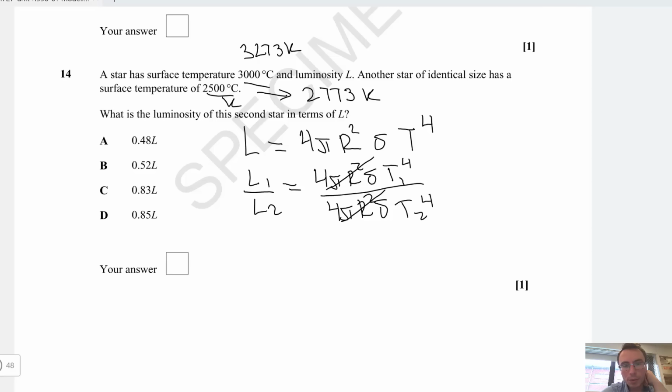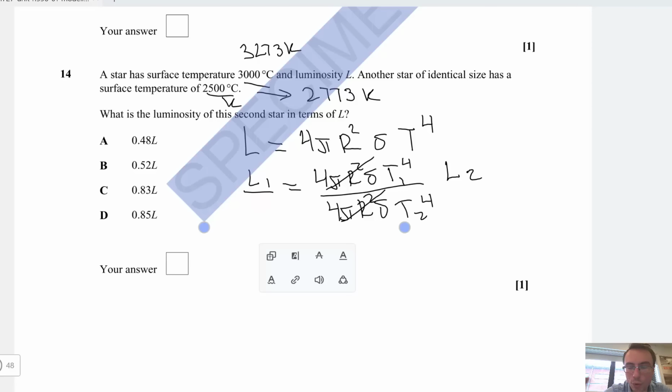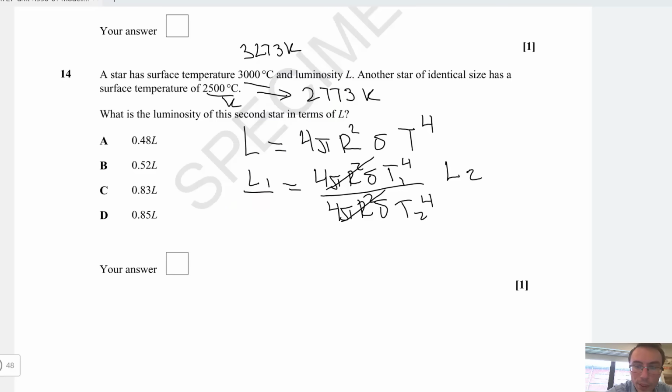Now what we need to do is find the luminosity of the second star in terms of L, where L1 was essentially L. So I'm going to bring L2 here, and then I'm going to just simply rearrange for it. So L2 will be L1 multiplied by T2 raised to the power of 4 over T1 raised to the power of 4.